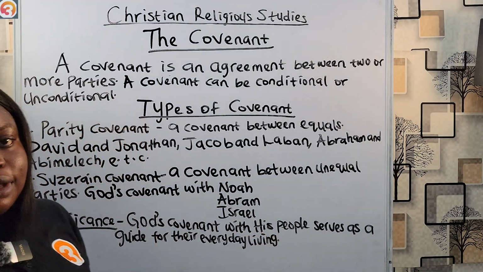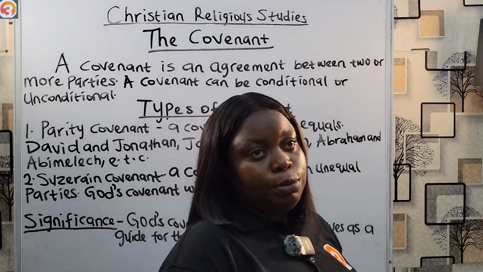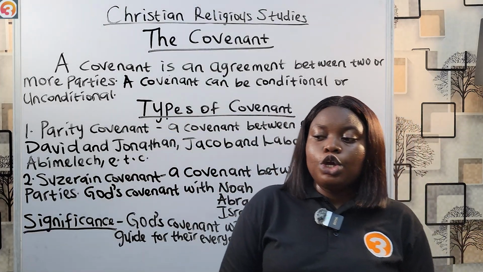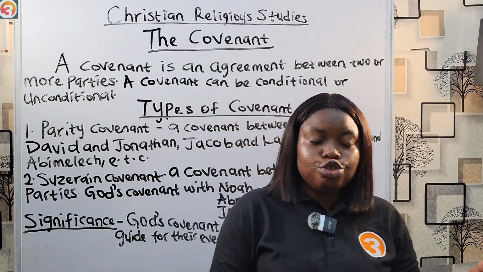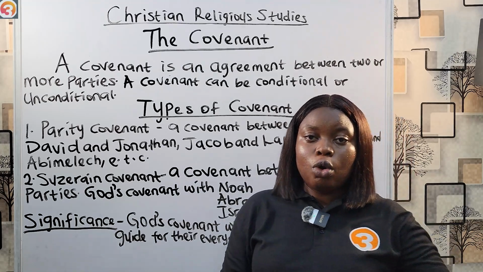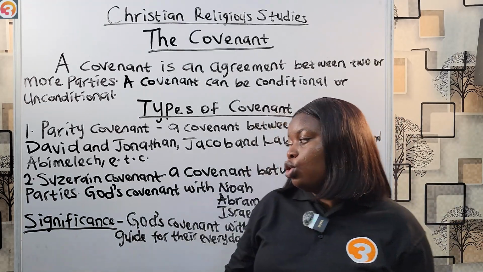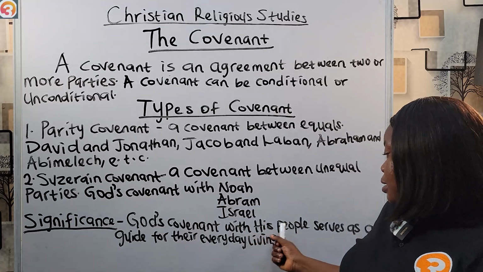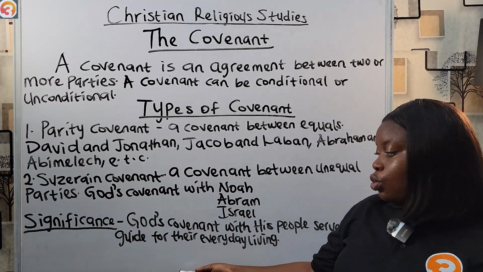So that's the significance of God's covenant with his people. It serves as a guide. You now know the conditions stated. You know what you have to do to make God do his own in return. So God's covenant serves as a guide, guiding them.